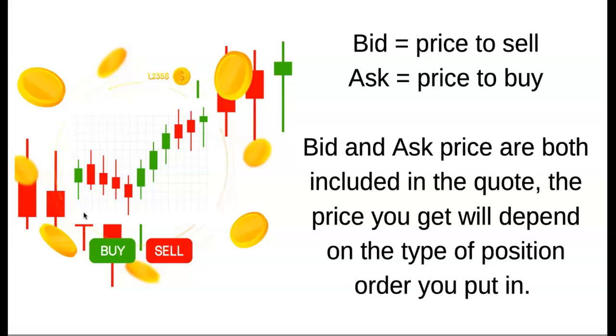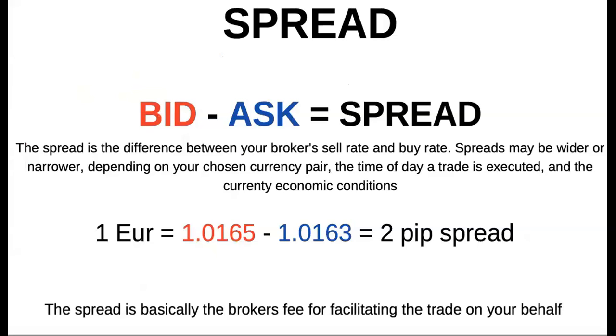So the bid and the ask price are both included in the quote. It's going to be dependent upon what position you actually take, whether you're on the bullish or the bearish side of the market, that is going to depend on what price you are going to get. And you will also hear people talk about the spreads.